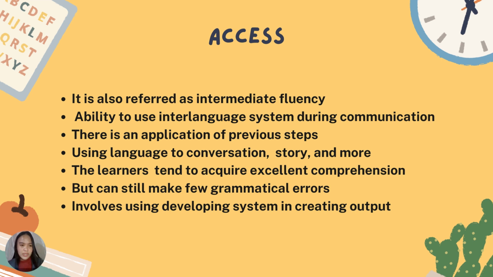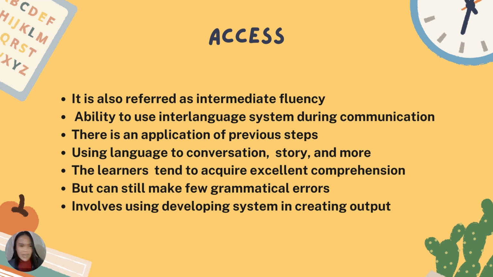So basically, once they understand and acquire certain knowledge about the grammar, in this part there is already fluency. But it was noted that during the access in this stage, learners may tend to make few grammatical errors and are still learning in order to develop a mastery in creating an output.